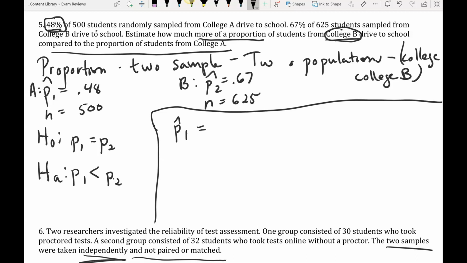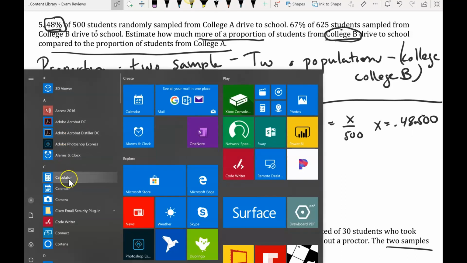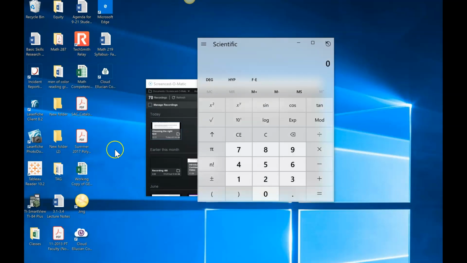So p hat 1 is going to equal x over n, so 0.48 equals x over 500. To find x, we take 0.48 times 500. That gives me my number of successes, which is really important for me to be able to use my technology to do this.